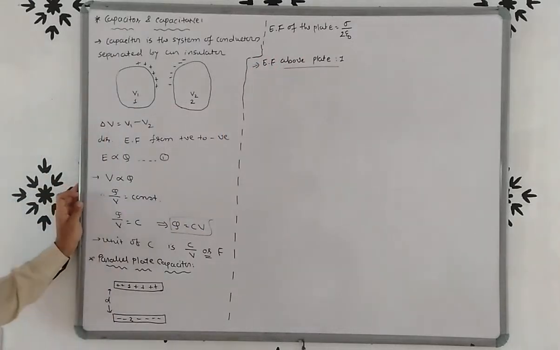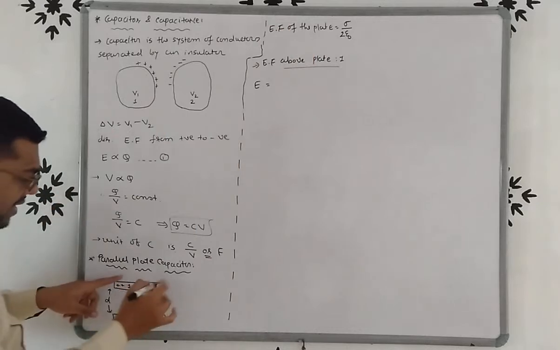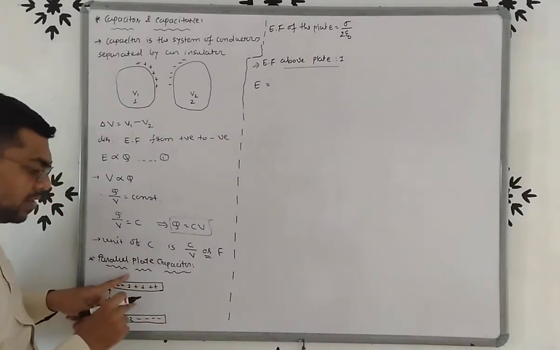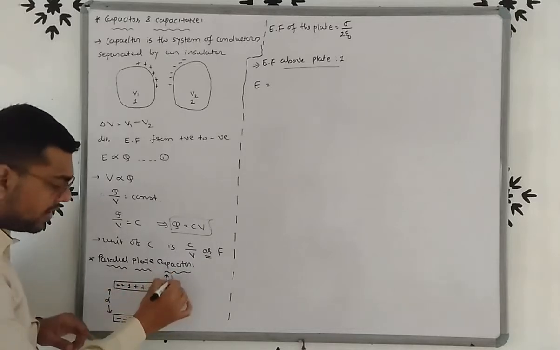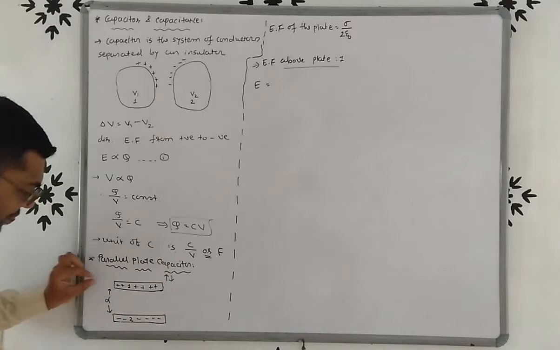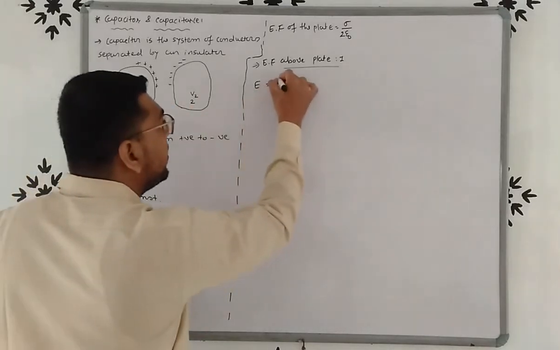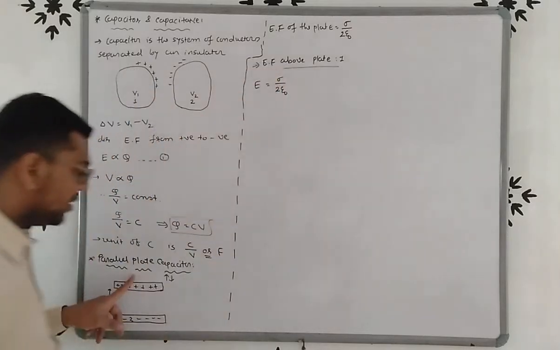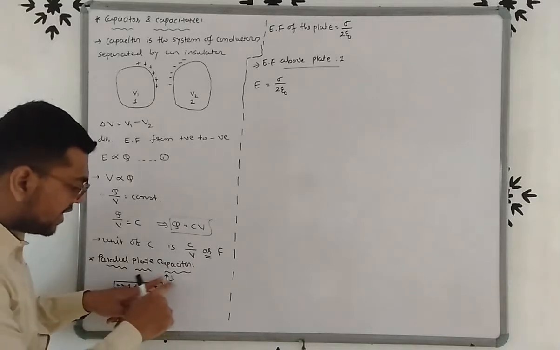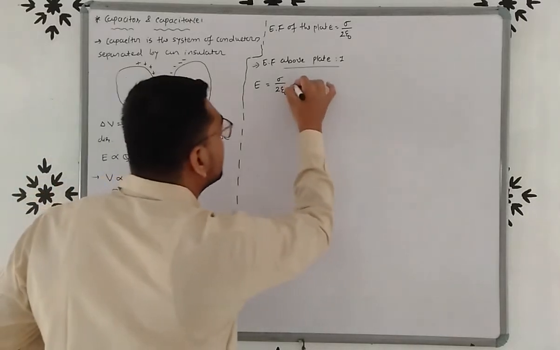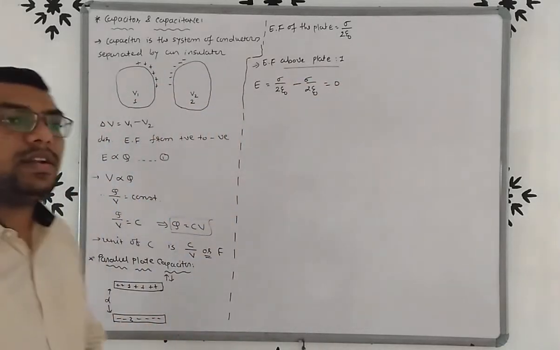We already know that for positive charge the electric field is outward, but for negative charge the electric field is inward. For the electric field above plate 1, the field due to positive charge is sigma upon 2 epsilon 0. But the field due to negative charge has the opposite direction, so minus sigma upon 2 epsilon 0. So the electric field above plate 1 is 0.